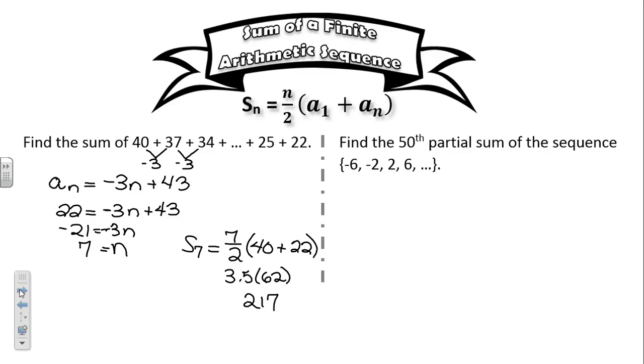So we know n is 50, right? Do we know our first term? First term is negative 6, right? Do we know our 50th term? Nope. So what do we have to do?